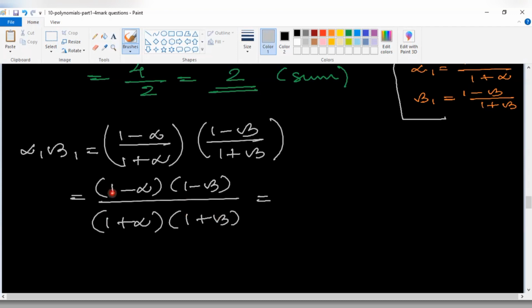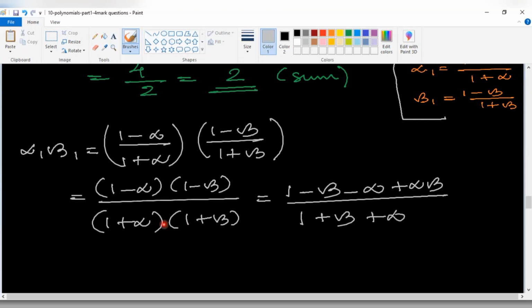1 into 1 is 1, 1 into minus beta, minus alpha into 1, minus alpha into minus beta is plus alpha beta, divided by 1 into 1 is 1, 1 into beta plus beta, alpha into 1 plus alpha, into beta is plus alpha beta.